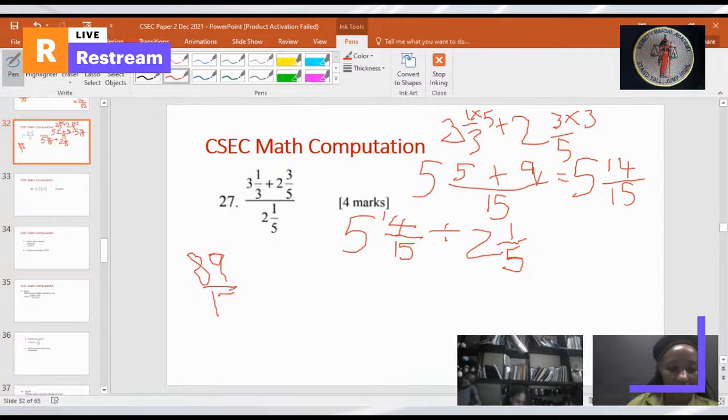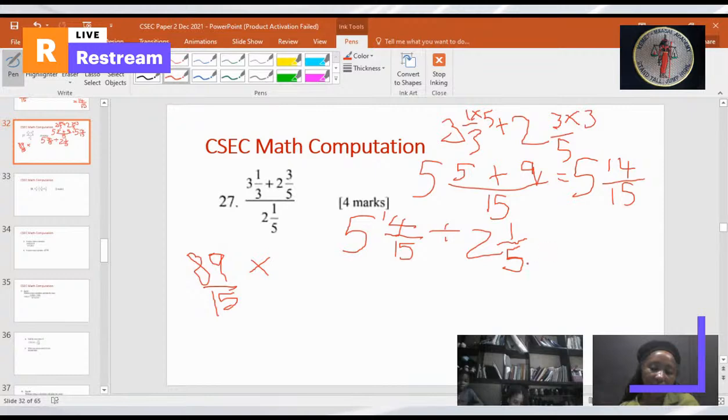All right, and now we change the division to multiplication. So change the division to multiplication and then change this fraction to improper.